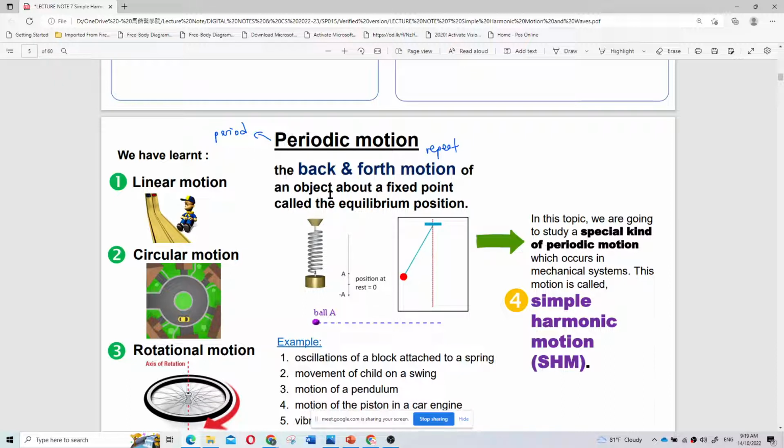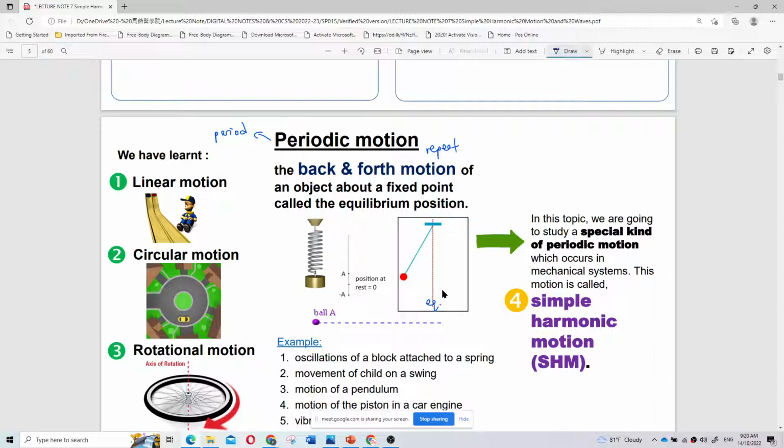And then it is a back and forth motion about a fixed point called the equilibrium position. So it always oscillates around the equilibrium position. Like you see here, it has an equilibrium position here. This spring mass system also goes up and down, and it has an equilibrium position at the center. Wait, I'm wrong. Actually, the equilibrium is over here, the position at rest.